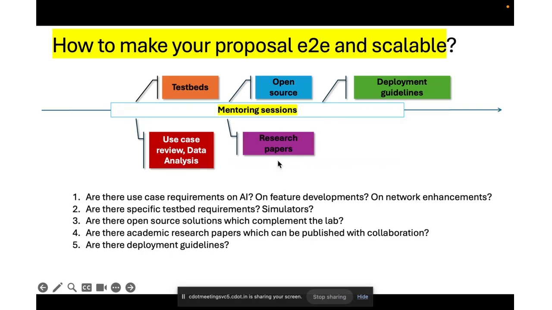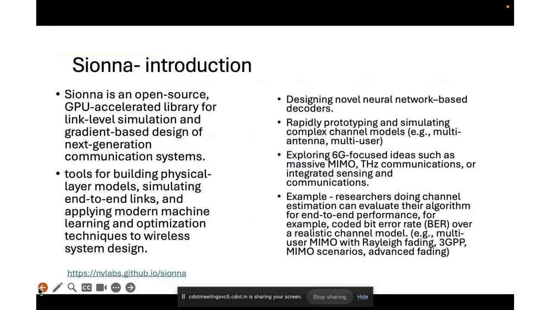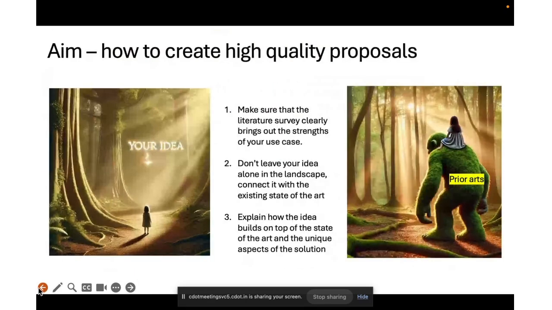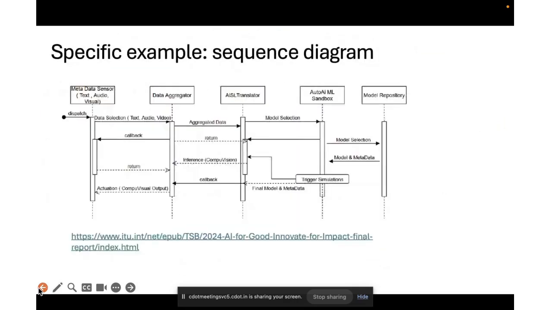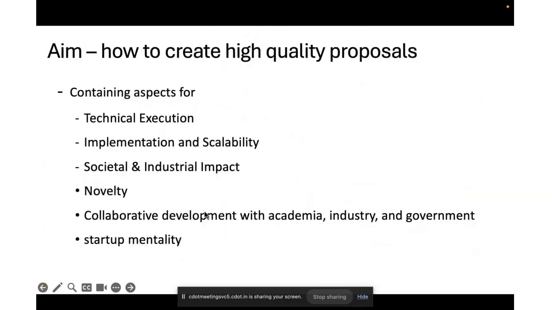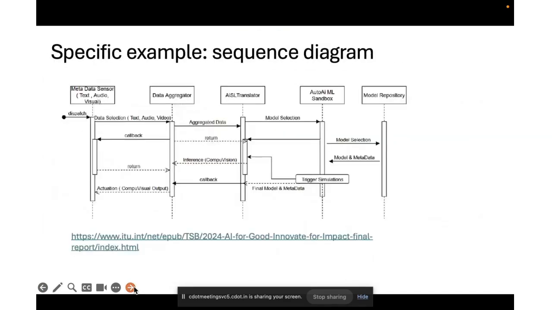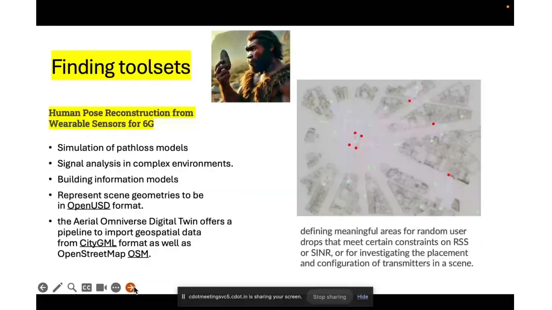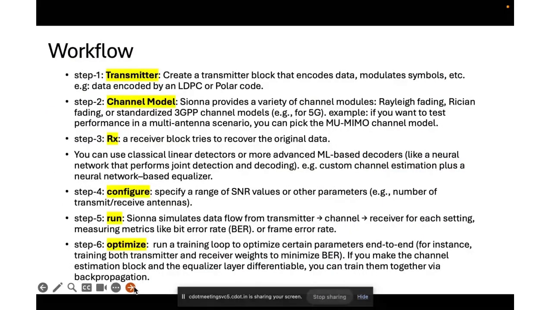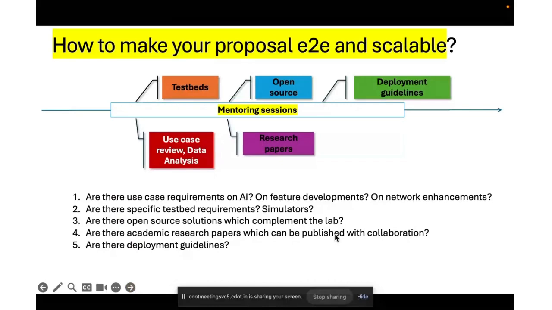So that's this part over here, which can be published in collaboration, that actually brings out the specific aspect which is mentioned here, that collaborative development with academia, industry, and government, right? So if academia, as we all know, is very focused at maybe paper publications, and that is important innovation which is coming out.